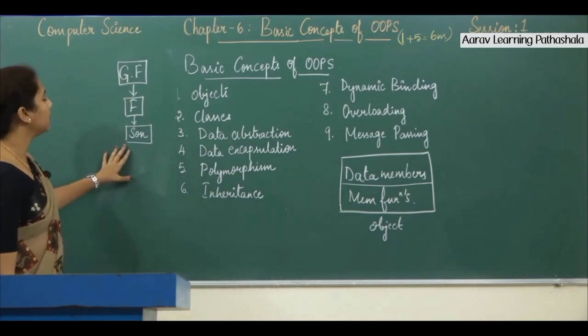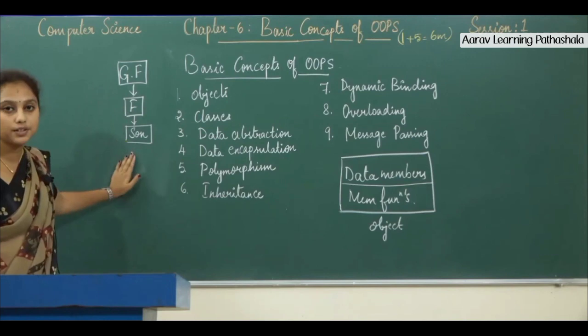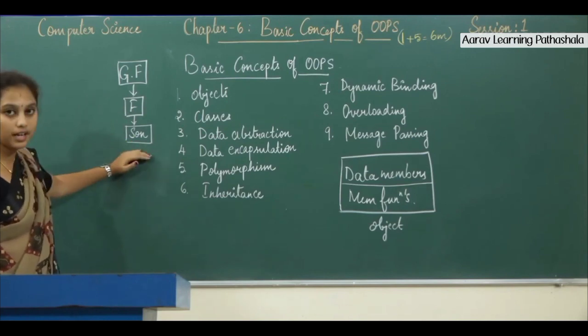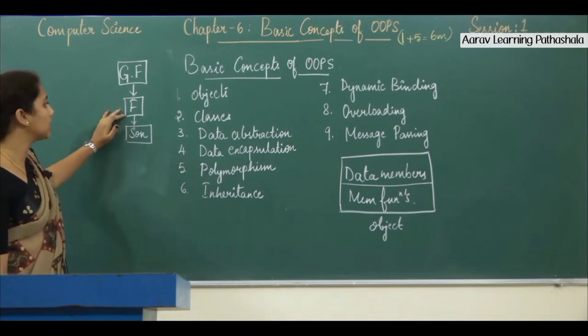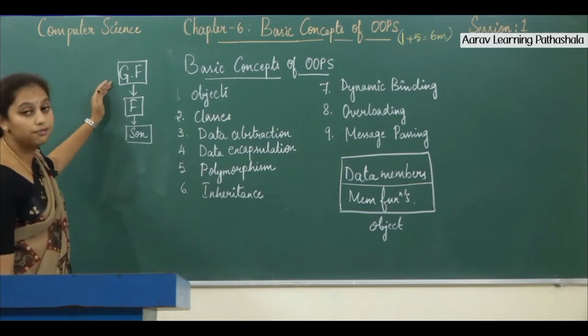See this example, grandfather, father and son relationship. Here son is inheriting from the class father, and father is deriving the feature from his father.